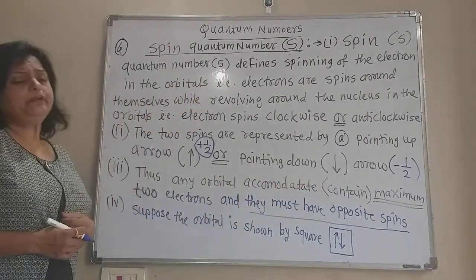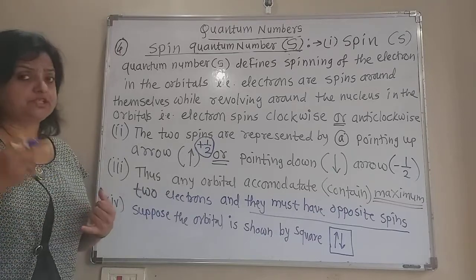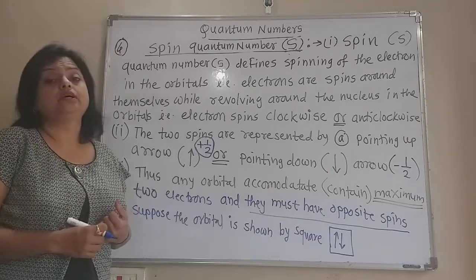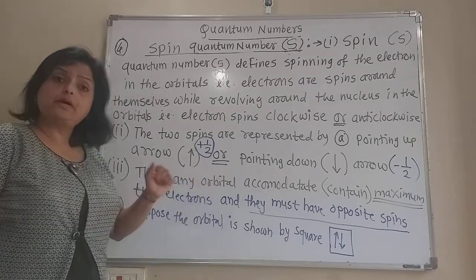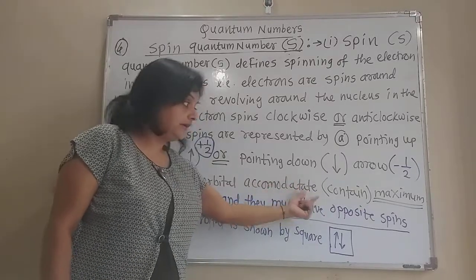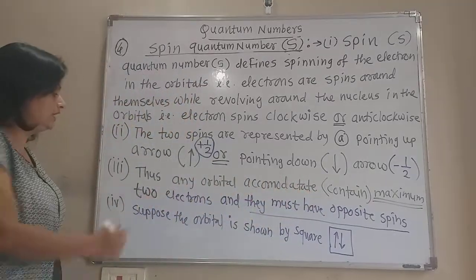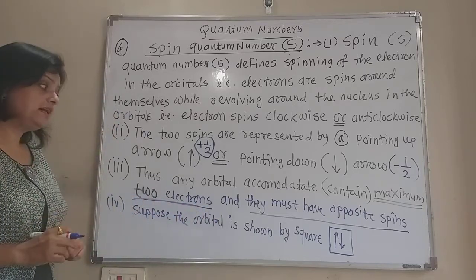Thus any orbital, in the subshell, can accommodate a maximum of only 2 electrons. And what is the condition?